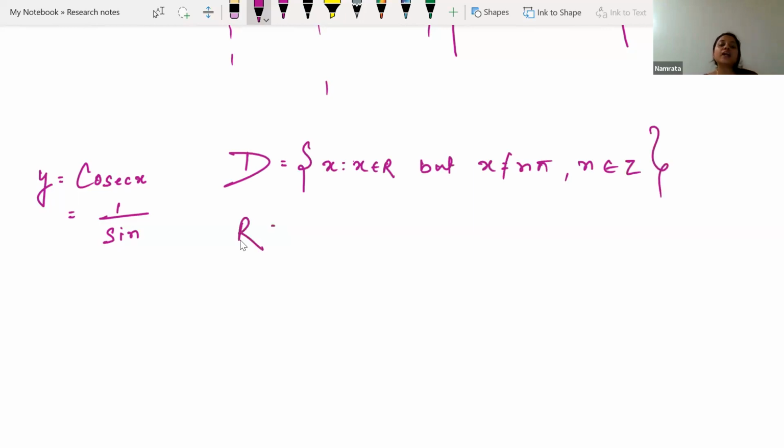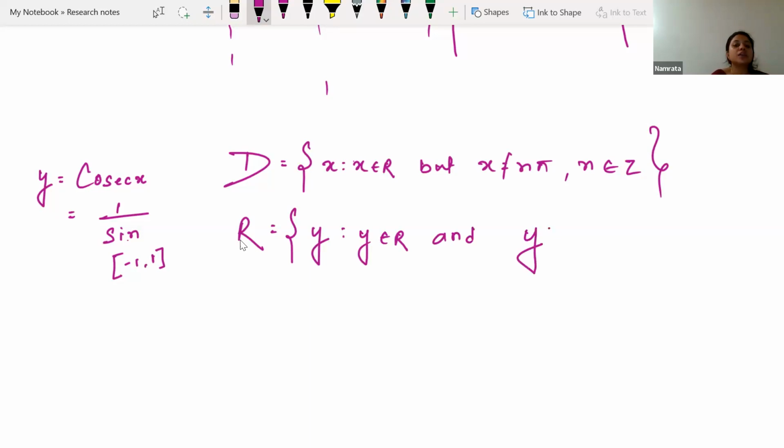What will be the range? So sine x value also lies in between minus 1 to 1. So just like the cosine one, here also our range will be set of all y, such that y can be real number, but y will be greater than or equal to 1, or y will be less than or equal to minus 1, just like the cos one.